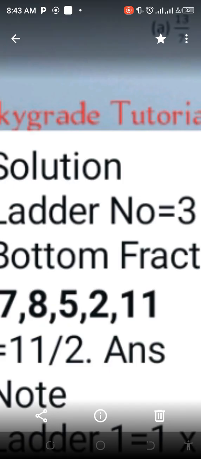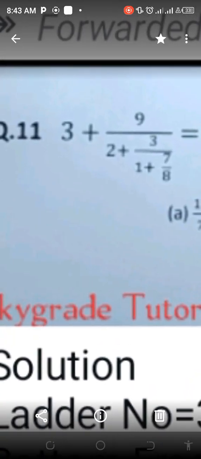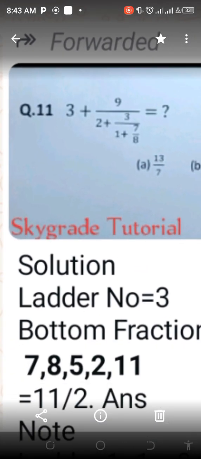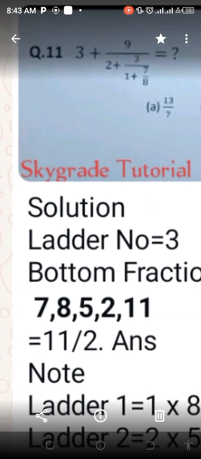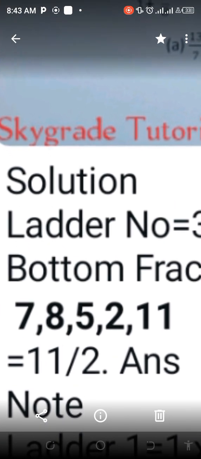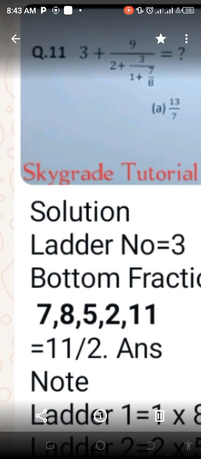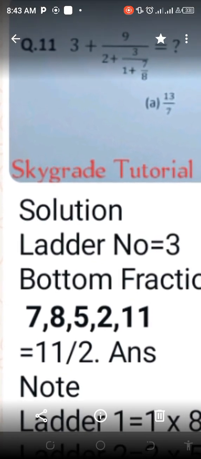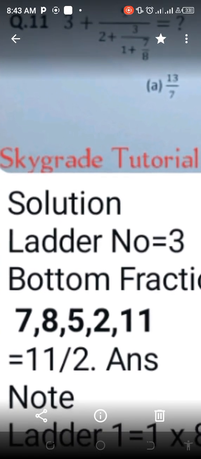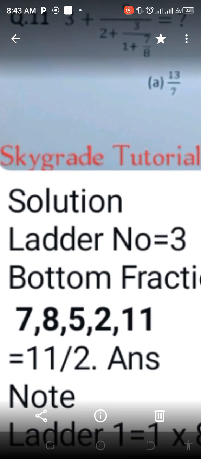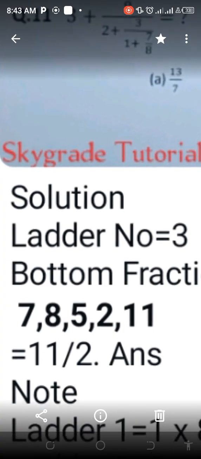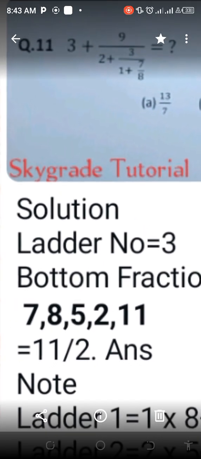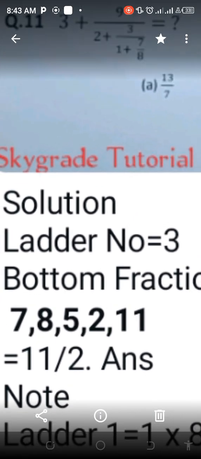And what is the second ladder? The value of the second ladder is 2, which means we are going to use 2 times 5, then plus 8. 2 times 5 is 10. 10 plus 8 is 18. We have arrived at 18, divided by the numerator of ladder 2. The numerator is 9. So 18 divided by 9 is 2.